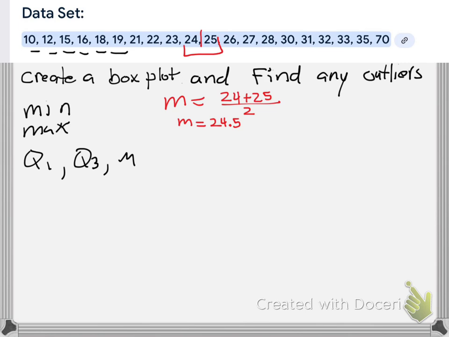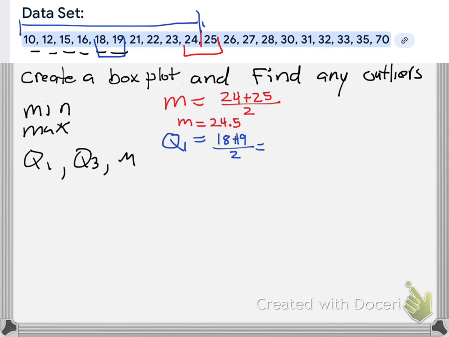To find our Q1, we basically take the first half of the data, and then we find the middle. We see that this is the fifth and sixth number, so our Q1 is actually going to be equal to, similar to our median, 18 plus 19 divided by 2.